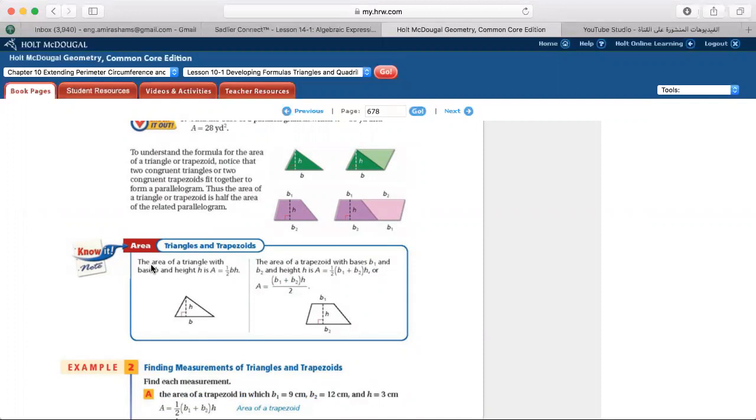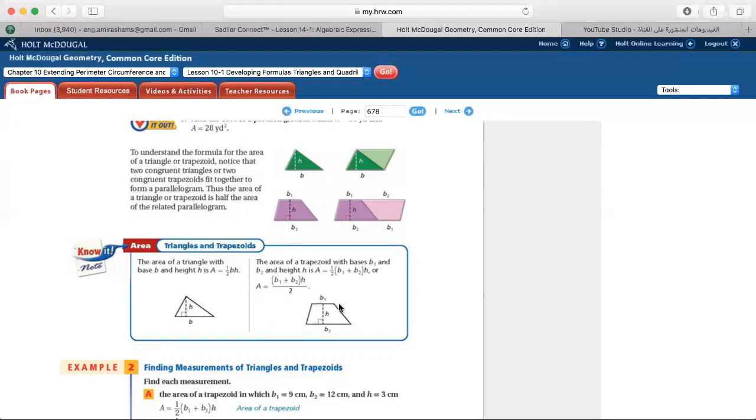The area of the triangle is half base multiplied by height, where the height is a line coming from the vertex perpendicular to the base corresponding to this vertex. And the area of the trapezoid is B1 plus B2 multiplied by height all over 2.